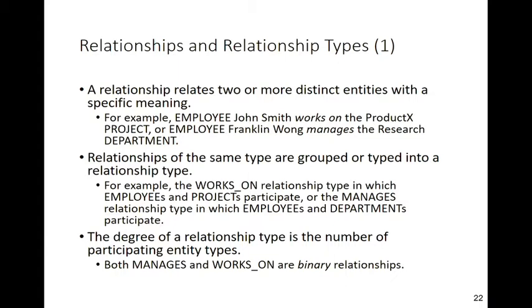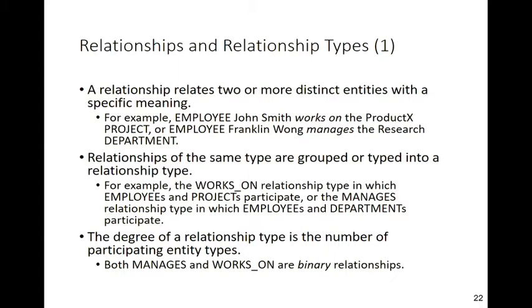Okay, so in our case of this, we have the employee that is working on a project, but I could also have an employee that's managing a project. Right, so there's two different relationships between the same entities. Okay, so relationships of the same type are grouped or typed into a relationship type.